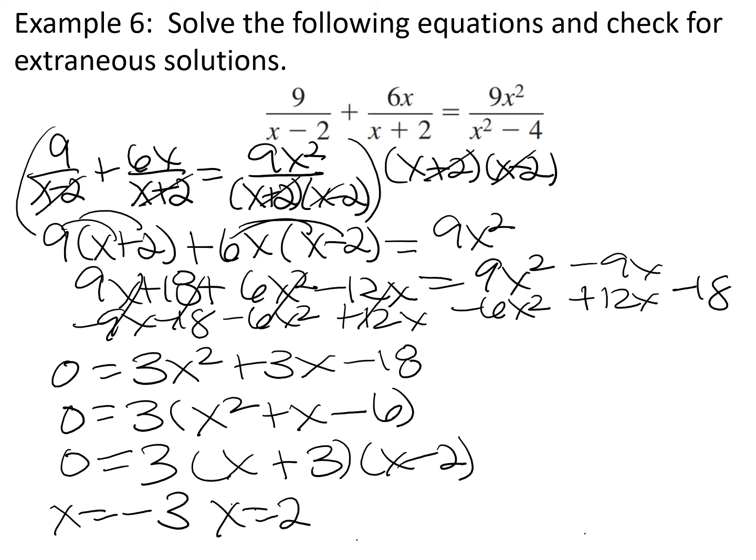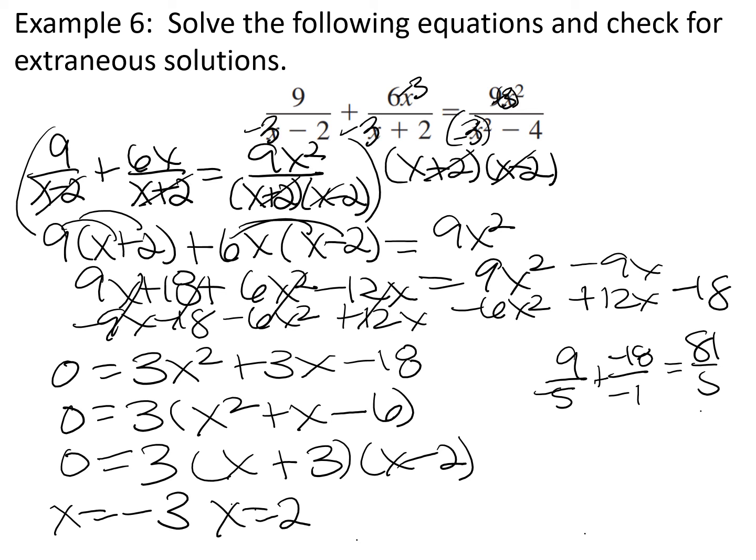But then I gotta plug them back in. I'm just gonna plug them in up here at the top, okay? So if I plug in a -3, those are all negative. Okay, so then that would be 9 over -5 plus, I need a -3 in there, plus -18 over -3, my plus 1 is -1, equals, -3 squared is 9, 9 times 9 is 81, oh my goodness, over 3 squared is 9, 9 minus 4 is 5.